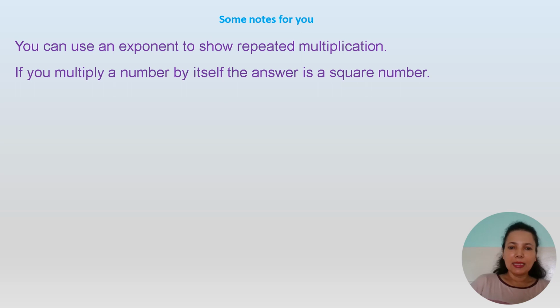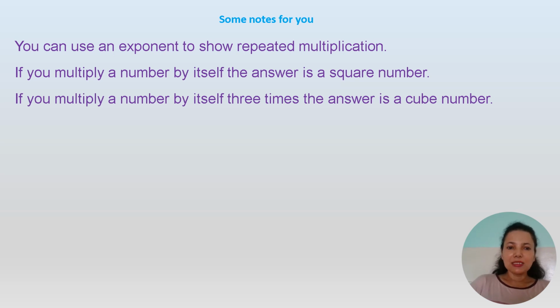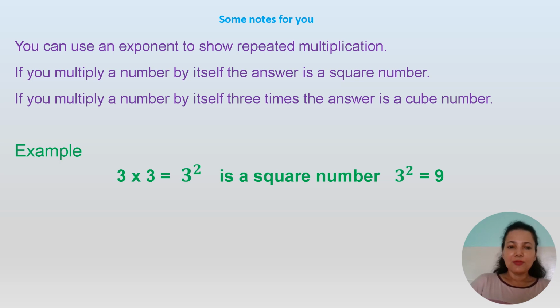If you multiply a number by itself, we could say it is the number squared. Now, if you multiply the number by itself 3 times, we say that the number is cubed, or we cube a number. For example, if I had 3 times 3, it is 3 raised to the power 2, so we say it's 3 squared. 3 times 3 is equal to 9.